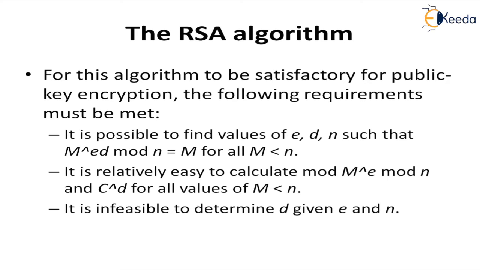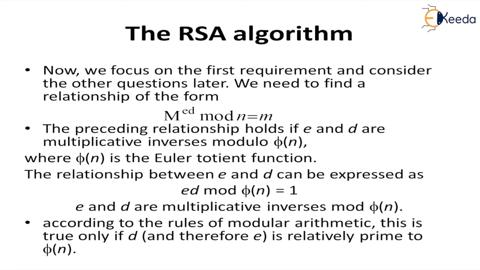First, it is possible to find values of E, D, n such that M raised to ED mod n is equal to M for all M less than n. Second, it is relatively easy to calculate M raised to E mod n and C raised to D mod n for all values of M less than n. Third, it is infeasible to determine D given E and n.